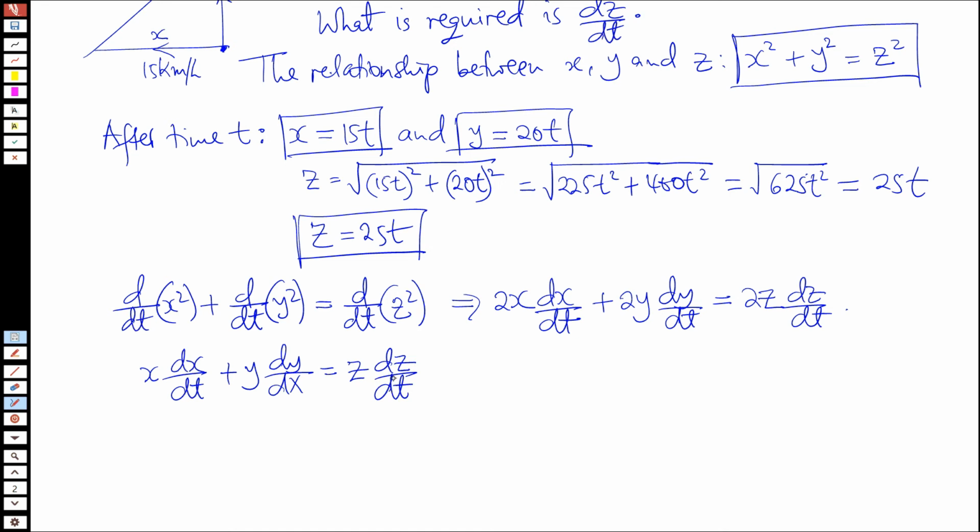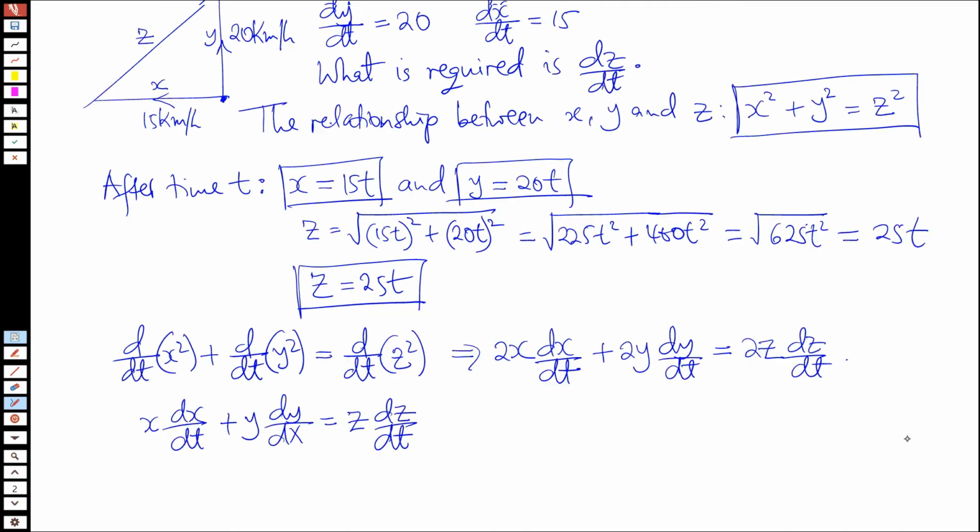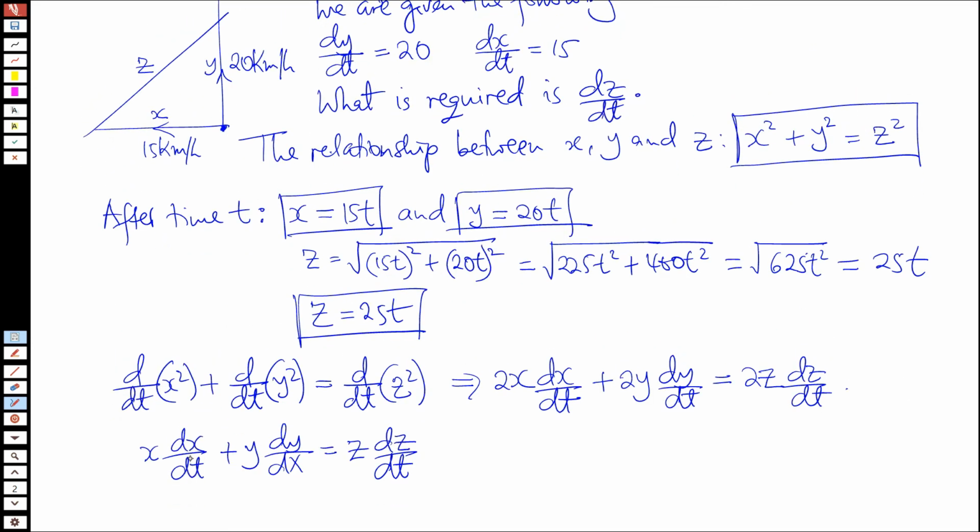Now, what you're interested in here is dz over dt. But looking at this question, we are given dx over dt, which is 15. We have x, which is 15t. We have y, which is 20t. dy over dt is 20. And z is 25t.